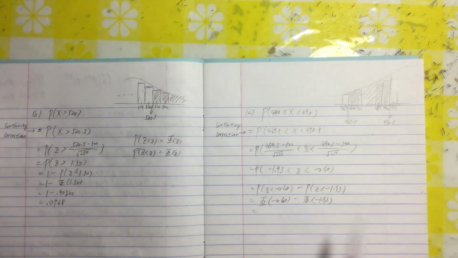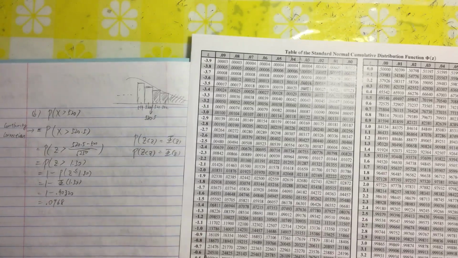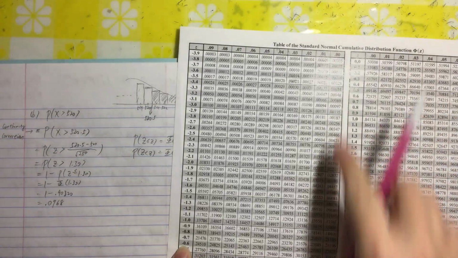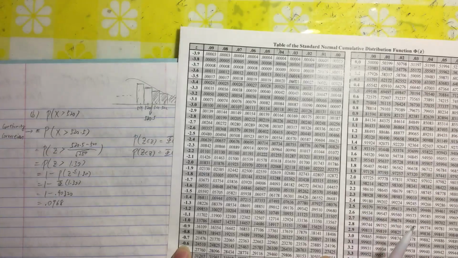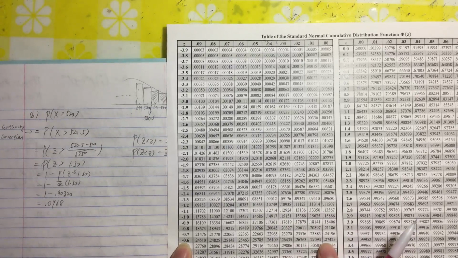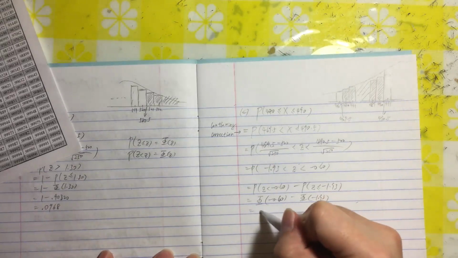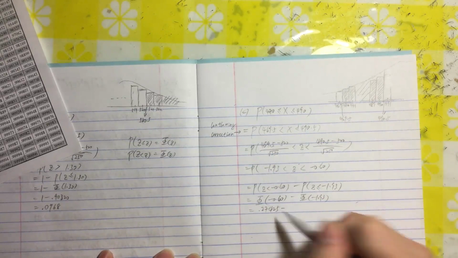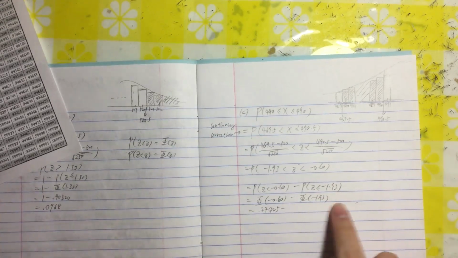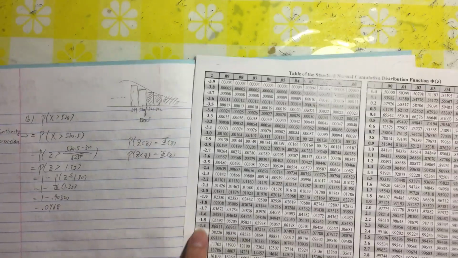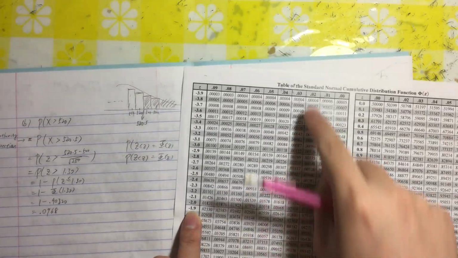Phi of negative 0.60 in the table. Negative 0.60 is here. 0.27425. Phi of negative 1.93. Negative 1.93 is here.